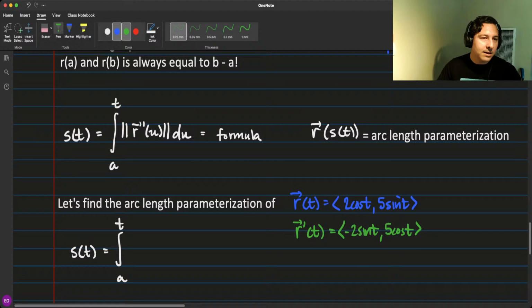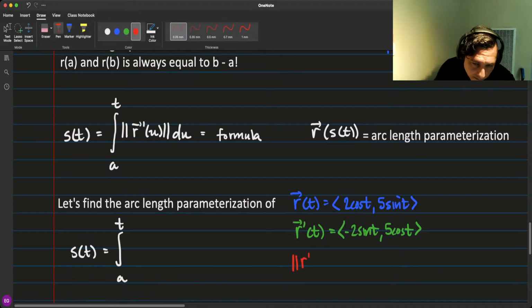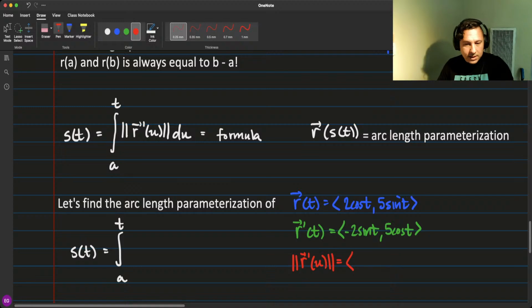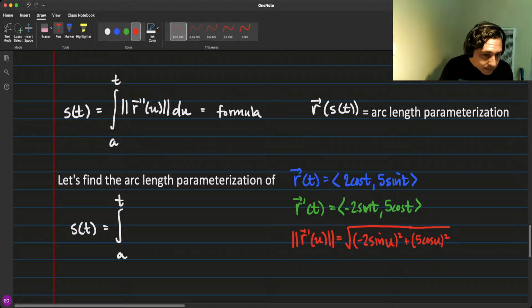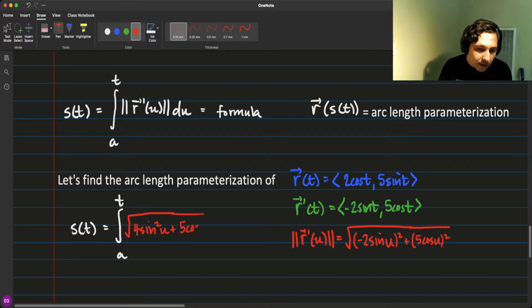Okay, and then now you're going to need the magnitude of r prime of u, which is going to be the square root of minus 2 sine u quantity squared plus 5 cosine u quantity squared, which is going to give you the square root of 4 sine squared u plus 25 cosine squared u, du.